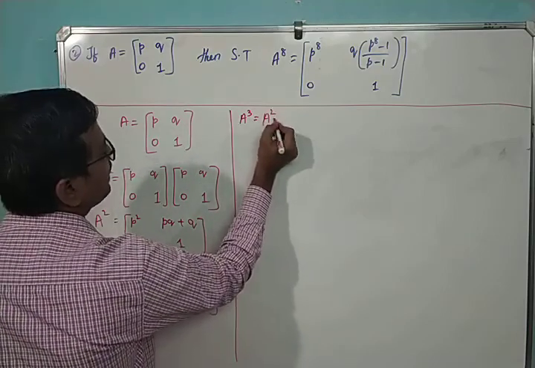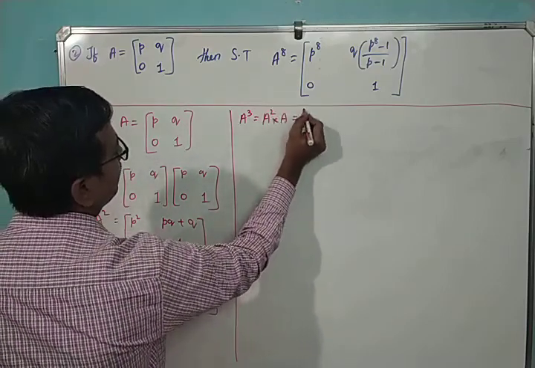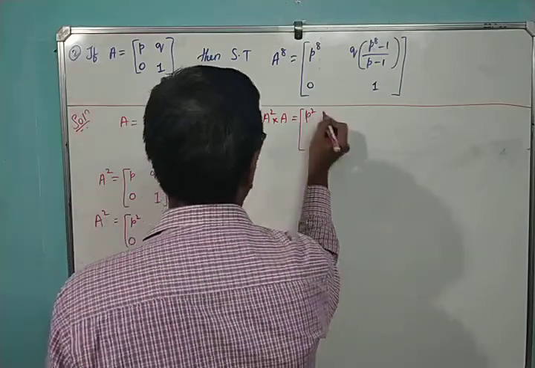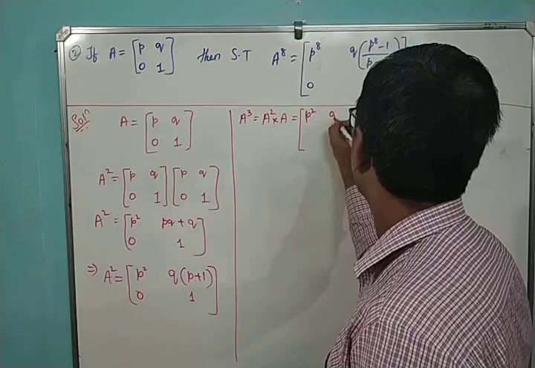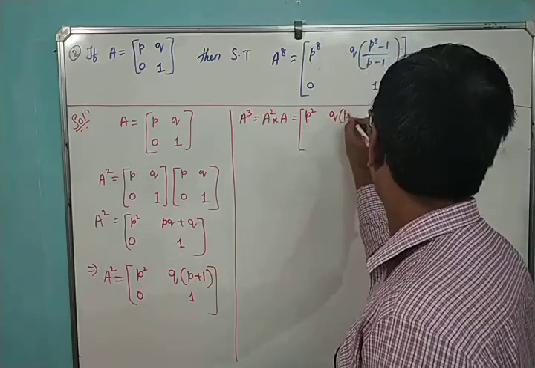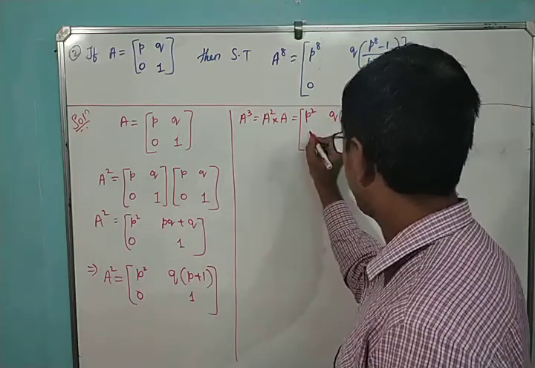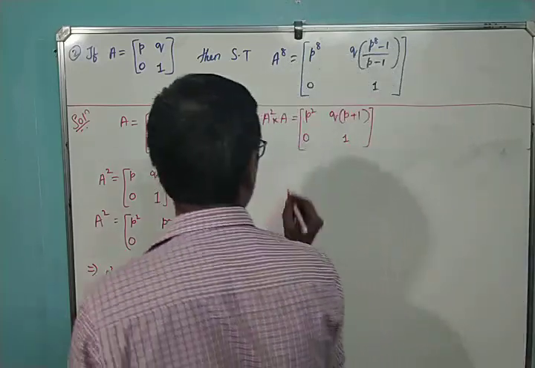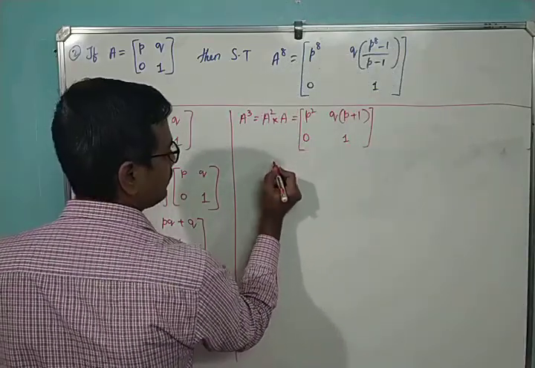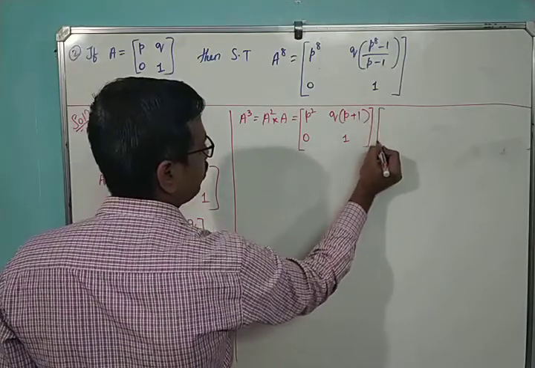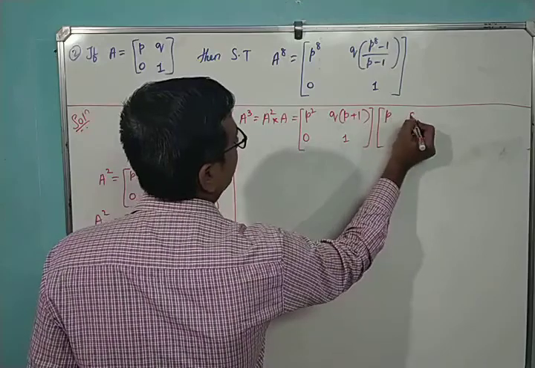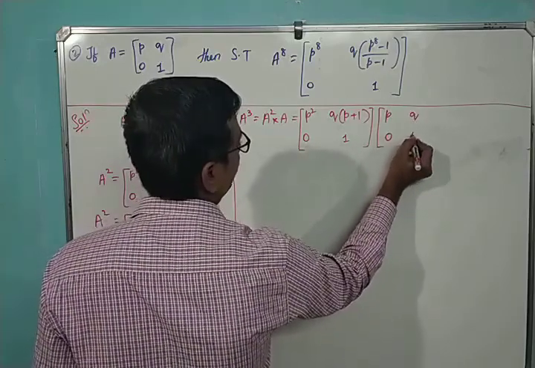A square into A. A square, what we are having? P square, Q into P plus 1, then here 0, 1. Okay? So into, what is A? P, Q, 0, 1.